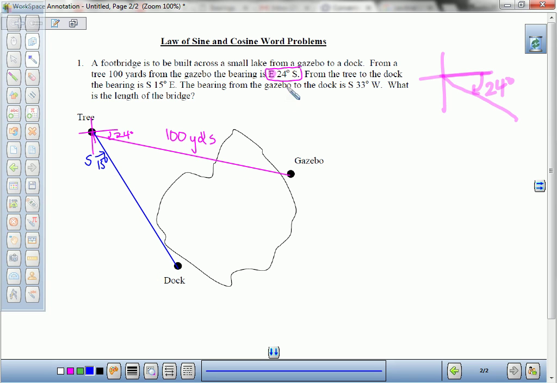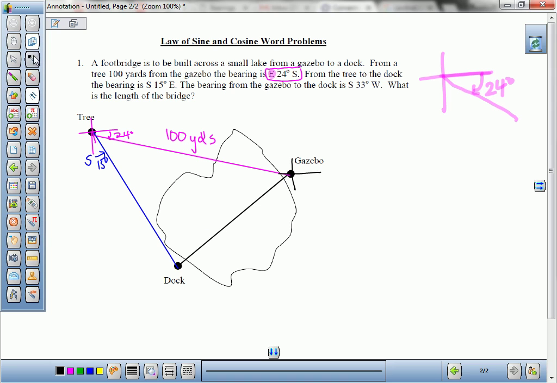And the bearing from the gazebo to the dock, so now we can come over here, gazebo to the dock, is 33 degrees west of south. So we're going west of south this time to take us here, and that would give me 33 degrees. I didn't connect that perfectly, but okay. So that's how we get our information here.